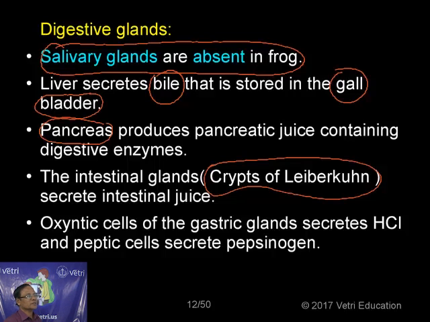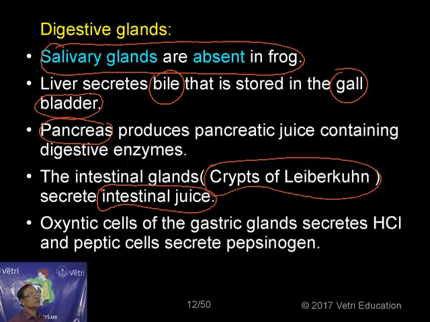In our case, in the intestine, we have these glands, which we'll talk about later under the digestive system. It is called an intestinal gland, a small pit containing a number of glandular cells which secrete the intestinal juice. So the pancreas secretes pancreatic juice, the liver secretes bile, and the intestine secretes intestinal juice.